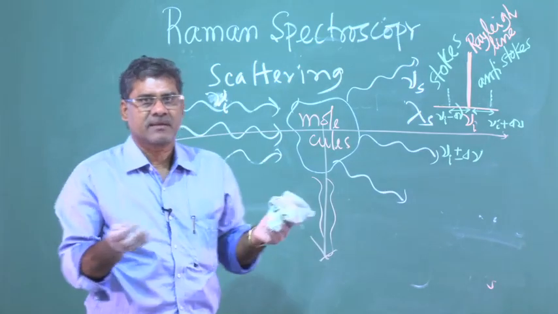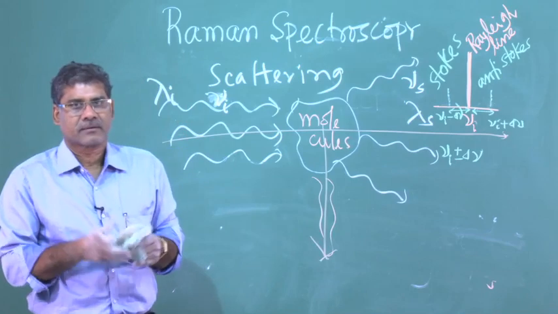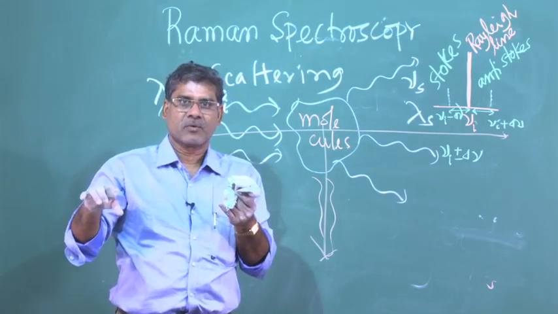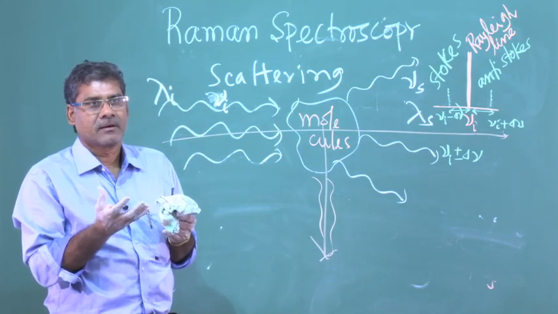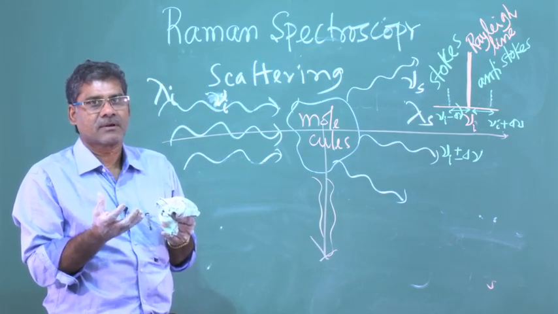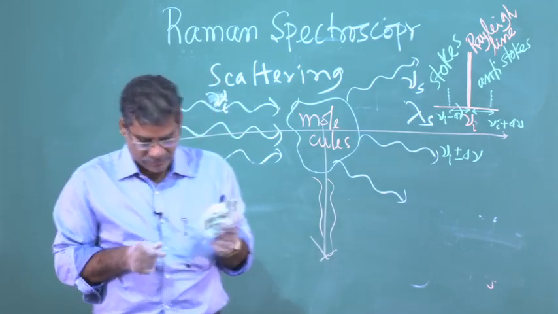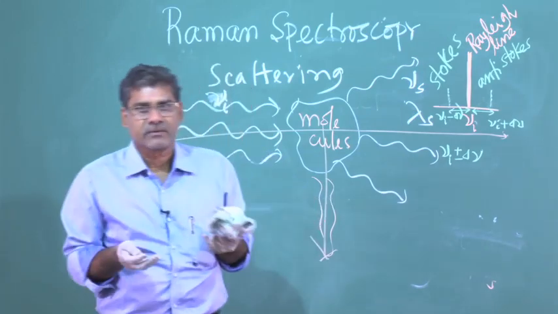Now, the spectrometer is standard, you know this: a collimator, a telescope, and a prism table will be there. On the spectrometer table, in this case, generally a grating is used.